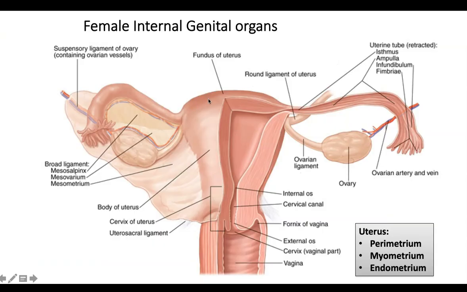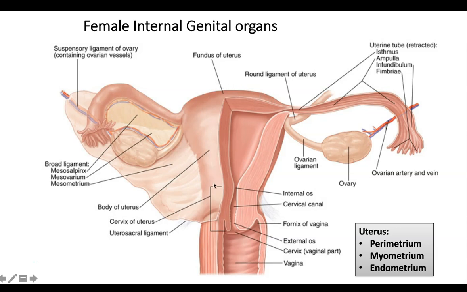The uterus is a pear-shaped, triangular organ. It has a fundus. If we draw a line connecting the openings of the uterine tubes, the dome-shaped part of the uterus above this line is the fundus.